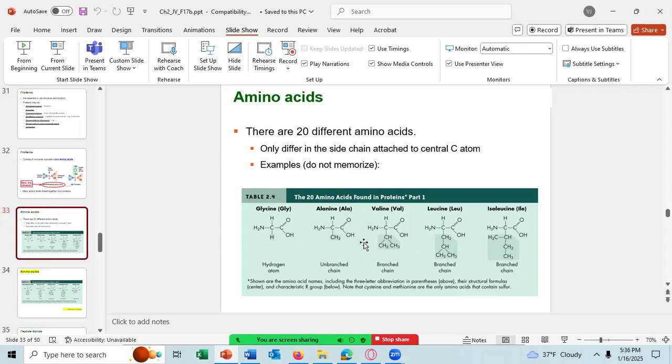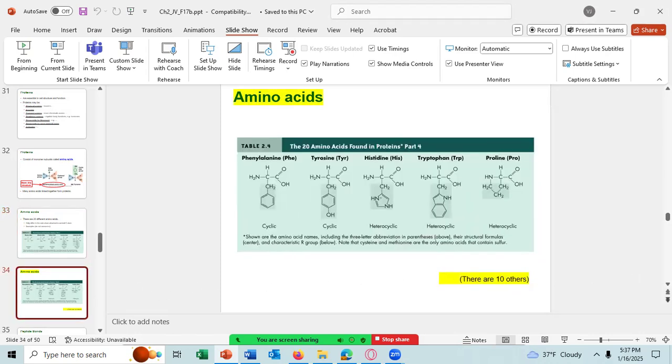The highest that biologists have found, you don't need to know this, there is a bacteria species that has 23 different amino acids. And that's the highest that I've heard of. I don't know what the lowest is, but it's close to 20. And most living things have 20, the same as humans. But they may not have the same amino acids as humans. Any question about that? All right.